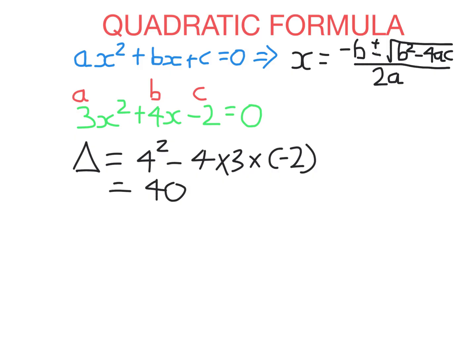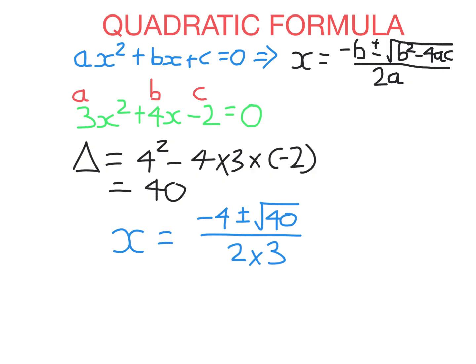Now I'm going to actually find those two solutions. The quadratic formula tells us that the solutions will be minus b plus or minus the square root of the discriminant, all divided by 2 times a. So there are two solutions here.